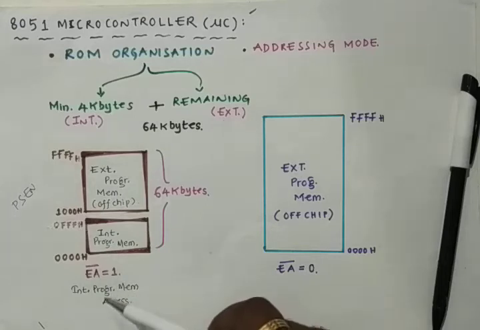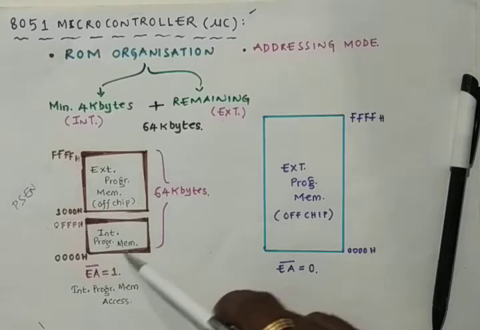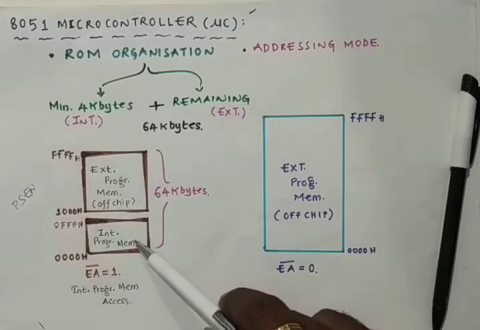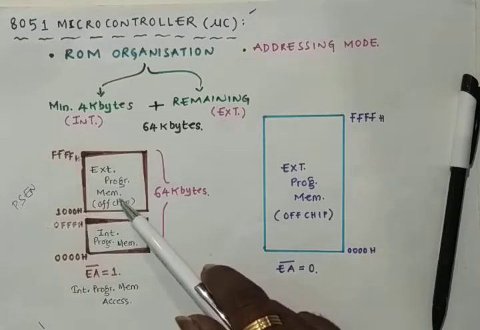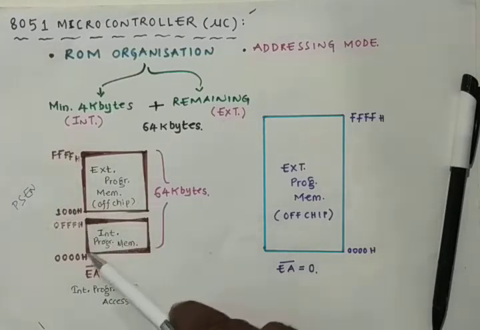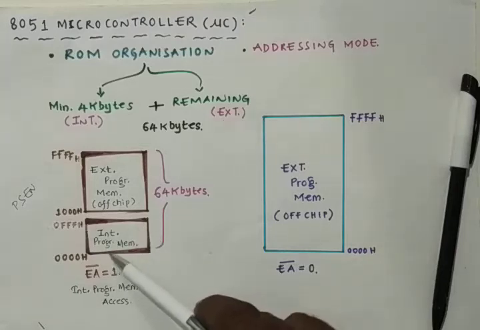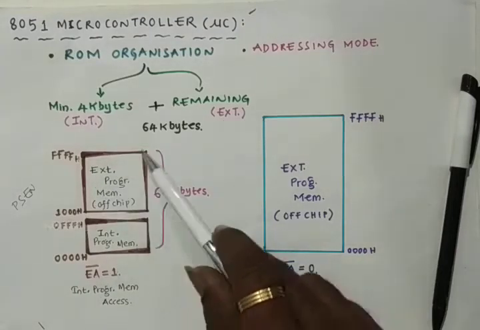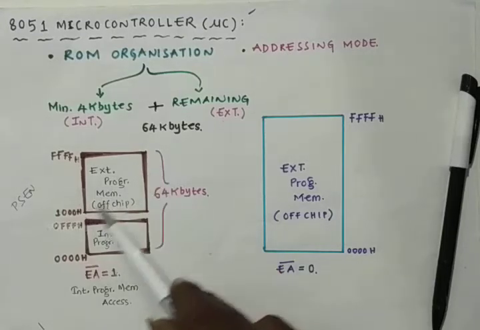And if external access is 0, the program counter is going to read the instructions from the outside, that means external memory. Whenever this is 1, it is going to read the instructions from the internal program memory only. Whenever this is equal to 0, it will read the instruction from the external memory.